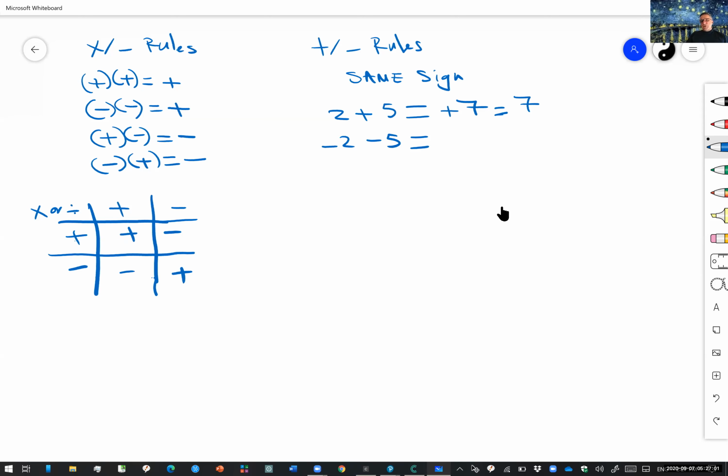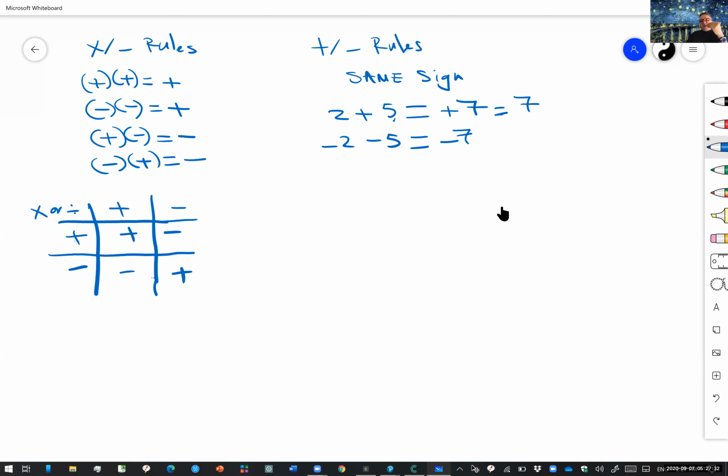Now here, you're going to go ahead and combine the numbers, ignoring the signs. In other words, combine the absolute values of the numbers, right? So you get what? You get 7. You're going to keep the sign that's common. What's the common sign here? Negative. So, right. The best way of thinking about this is think of money and your bank account. Let's say you have $2 in your bank account. That's positive $2.